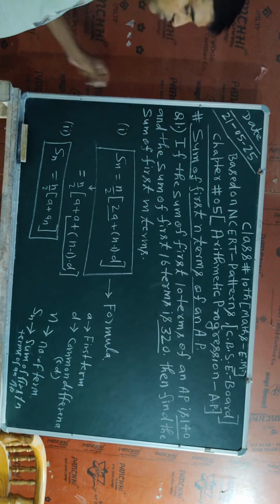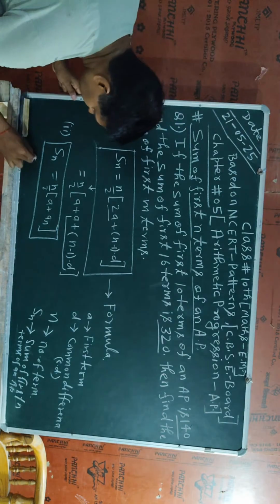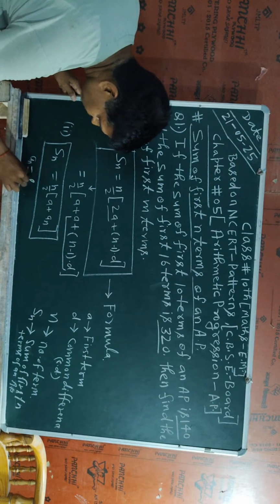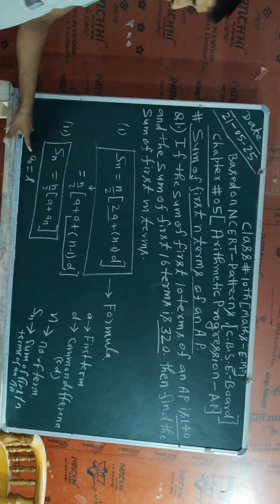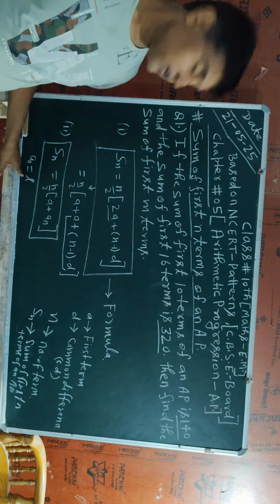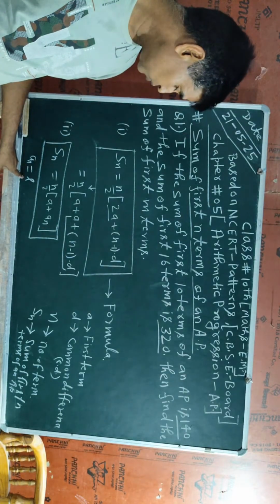Okay, student, each and every student has to remember these two formulas, and also note in their mind that an is the nth term of that AP series, and here is the last term of that arithmetic progression.